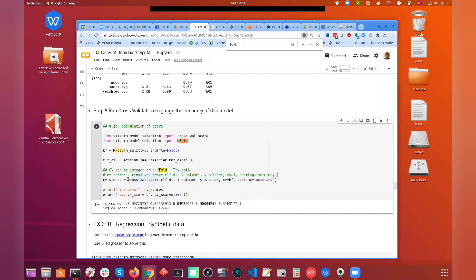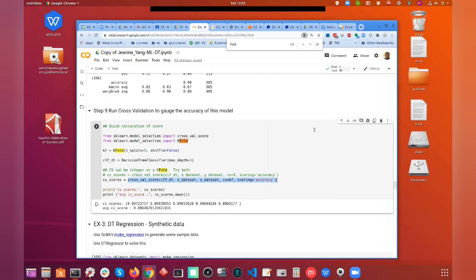Here you're simply doing a score, which is a simplified version. There's another variant, cross-validate, that is more detailed and gives you more detail. So if you want to get a little deeper, use the other cross-validation function. If you look at last week's labs, you will see the examples. This is more like a shortcut.